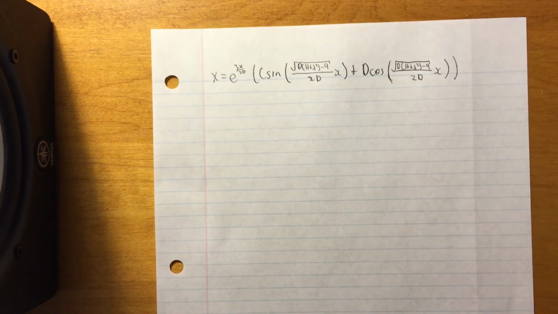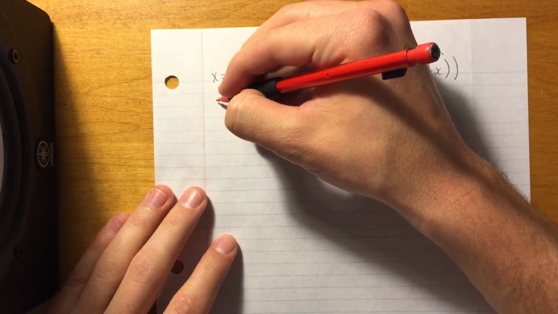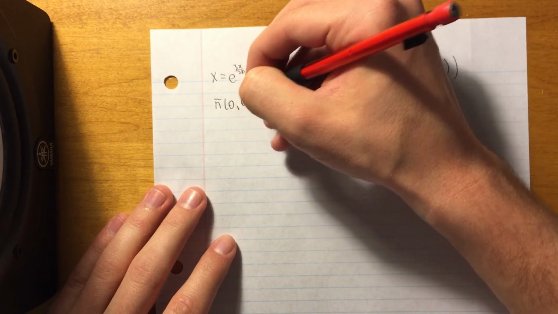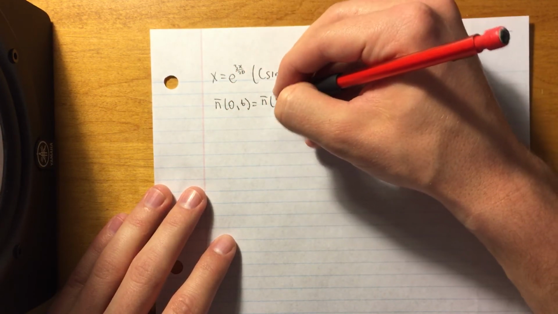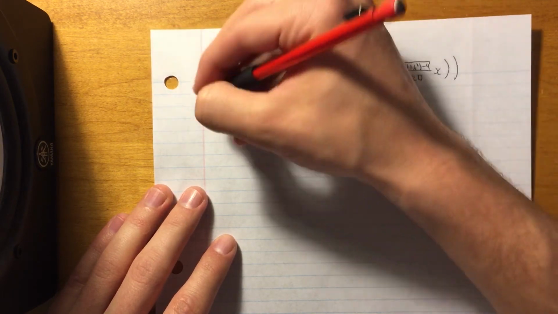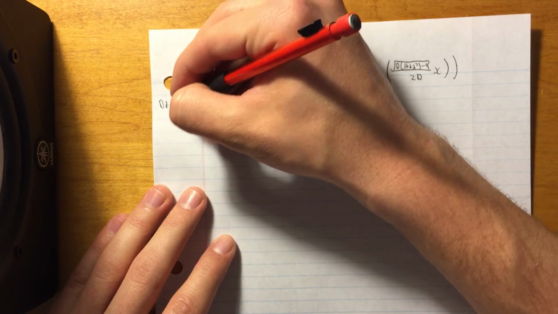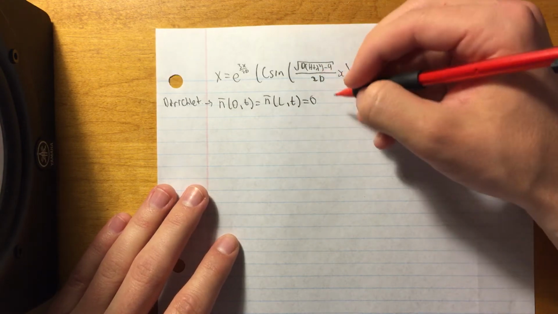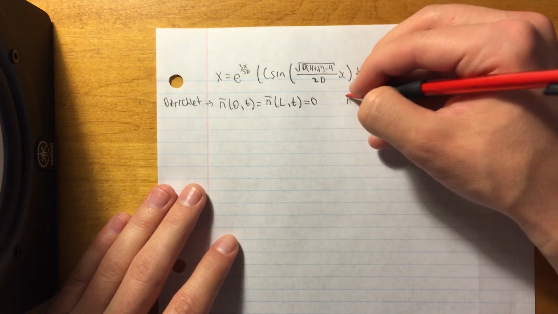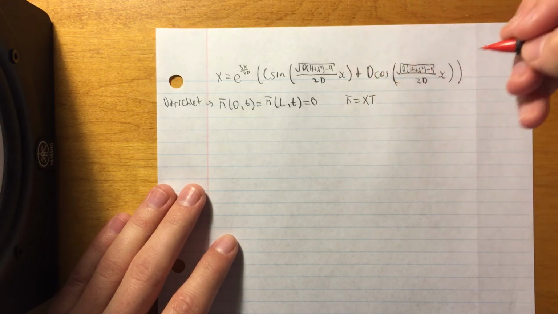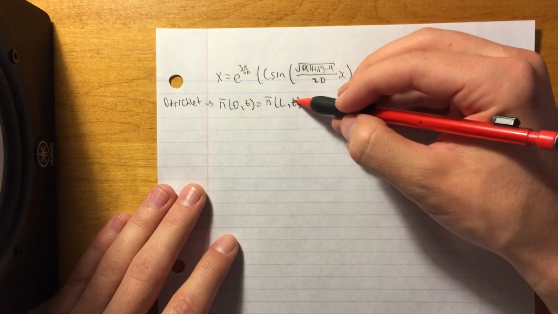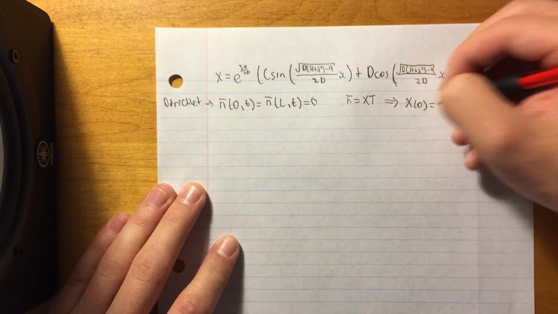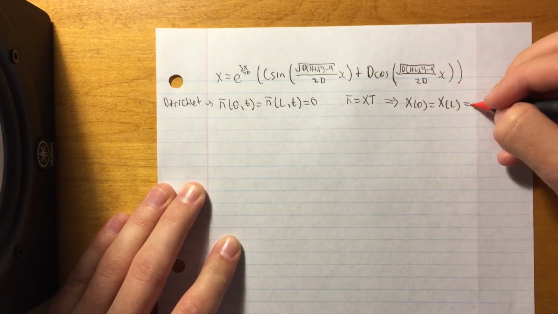So now we're going to quickly apply our boundary conditions. We know that these are Dirichlet, as I mentioned earlier. And from this, because we defined n bar to be a function of x and t, if this is 0 at these boundaries for any time, this implies that X of 0 equals X of L equals 0.